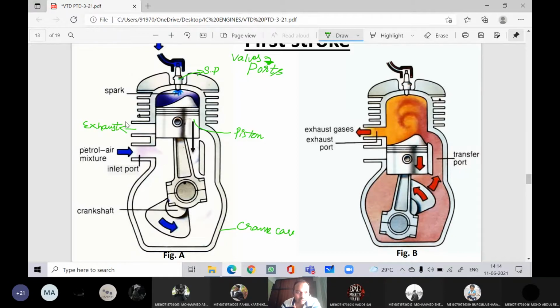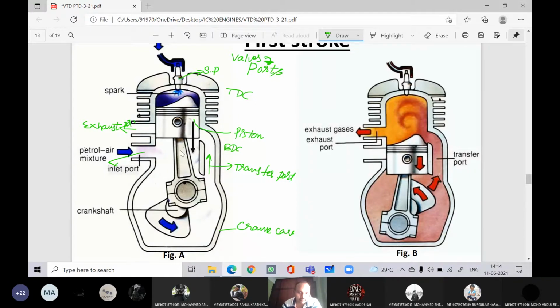There is no valve, all are ports only. And this is the inlet port, already written here. And this is the transfer port. Now, you know that this is the top dead center and this is the bottom dead center.